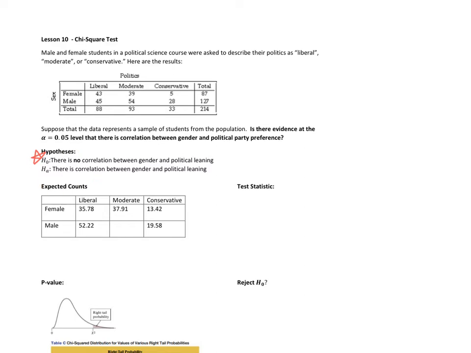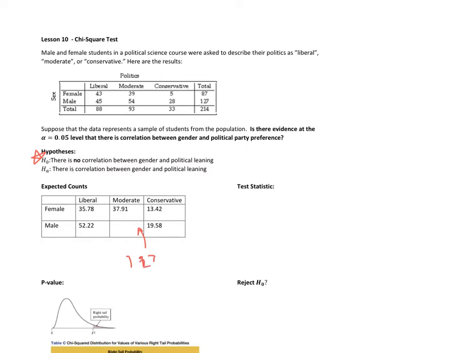Notice I did many of the calculations for you already, but we'll do one of the cells together just as a reminder. So if I want the expected counts for moderate males, I'm going to go up and get the total number of males, which is 127, and the total number of moderates, which is 93, and multiply them together.